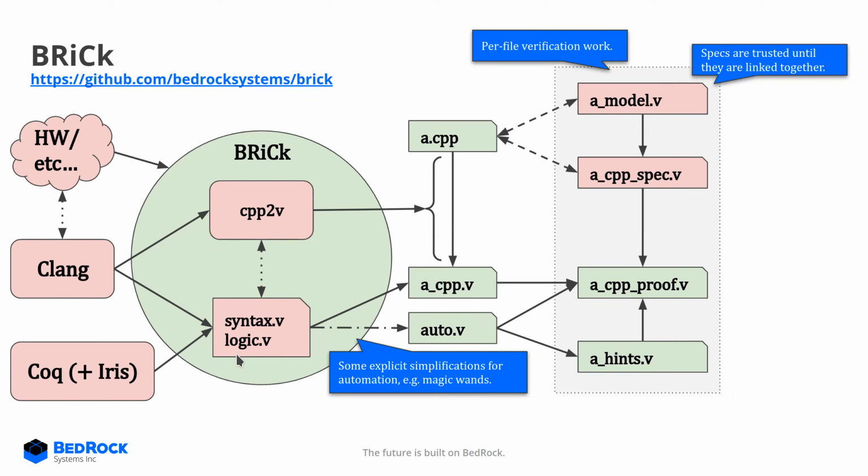Our work is built on Iris. We've formalized inside of Brick the syntax that we generate from Clang, which is based on Clang's IR, but there are not a lot of transformations done in this. So it's very close to the source level.